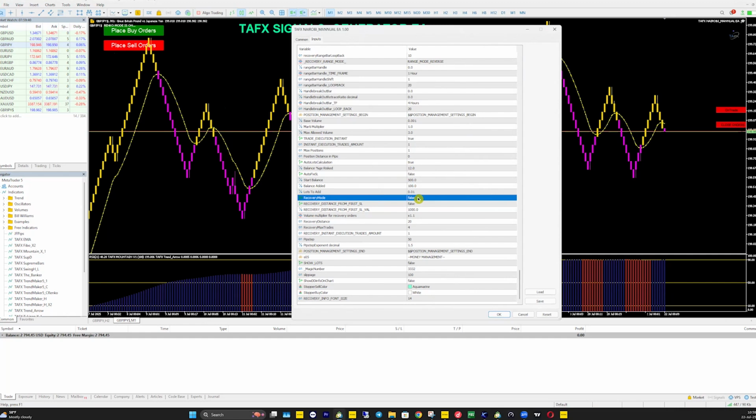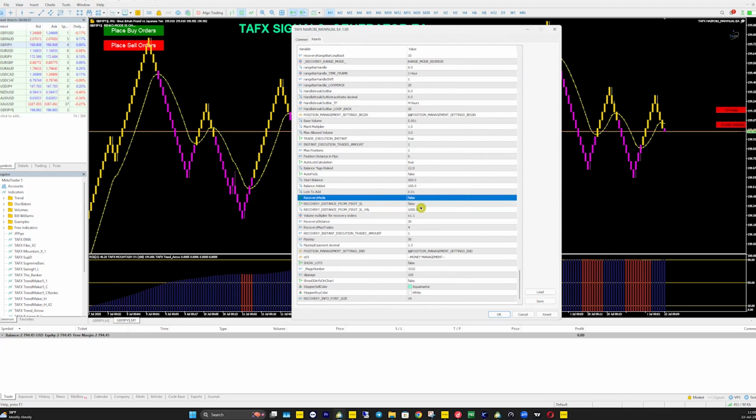What is this recovery? I would advise that it is good to try this in your demo account, and to see the benefit of it before applying it to your real account. It's also good because you will understand your broker, because some brokers work with pips, and others work with points.